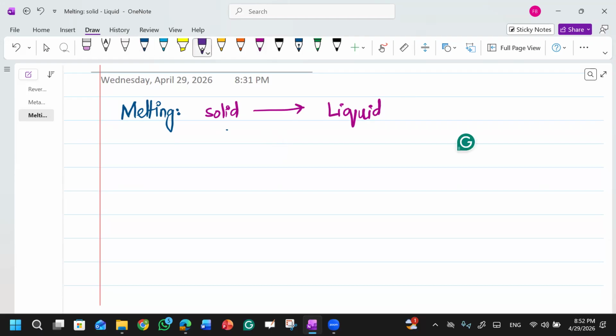Firstly, you are providing heat energy. You have given that heat energy to the solid. What will happen?